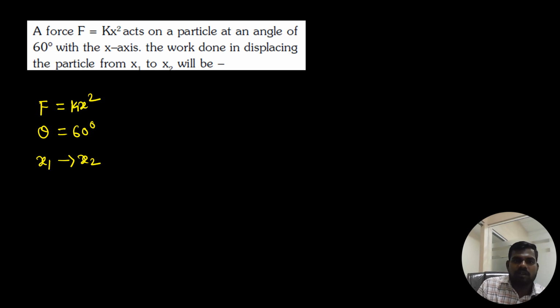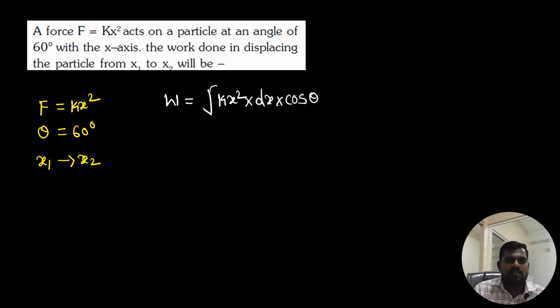Work done formula: W is equal to the integration of k into x square dx cos theta.